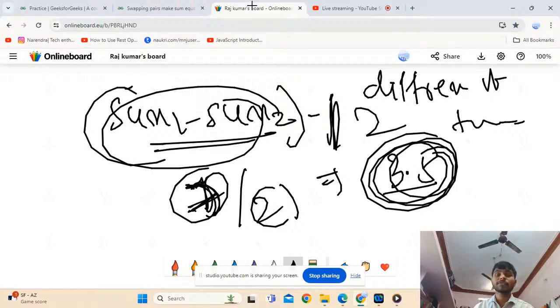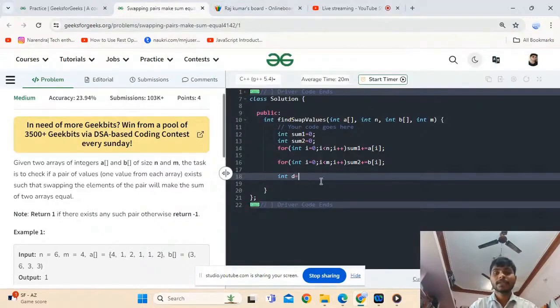So we have to check if it is odd, we can't find any pairs whose difference is 3.5. So we have to check whether it is even or odd. If it is even, then only we go further. Otherwise, we have to return -1. Here sum1 minus sum2, let it be x.